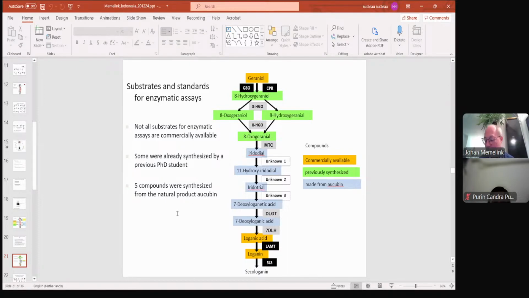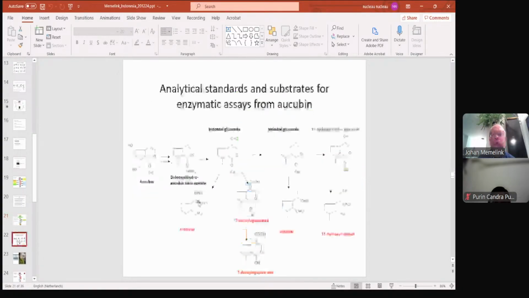So it's actually not possible or very difficult to synthesize these compounds just from scratch or from geraniol, say, chemically, because these reactions are quite complicated and not so easy to reproduce in a chemical lab. So that's why the company wanted to use aucubin, so a natural product, as the substrate to convert into these different compounds. So that's a quite common method to synthesize complex compounds. So we looked in literature.